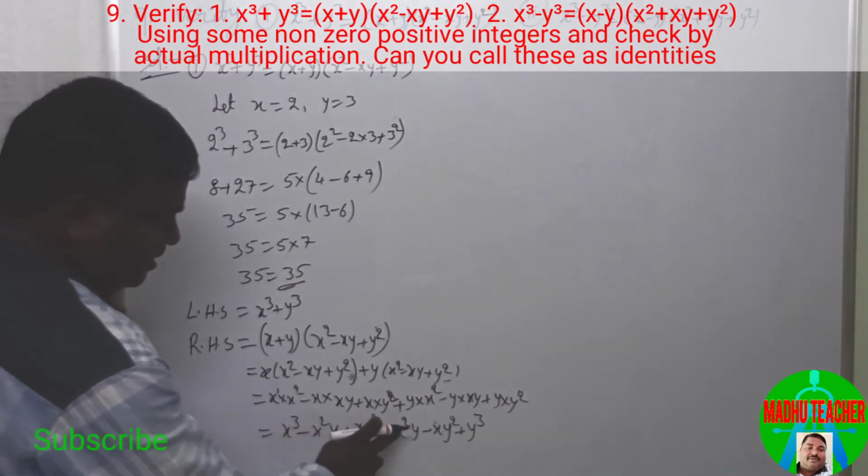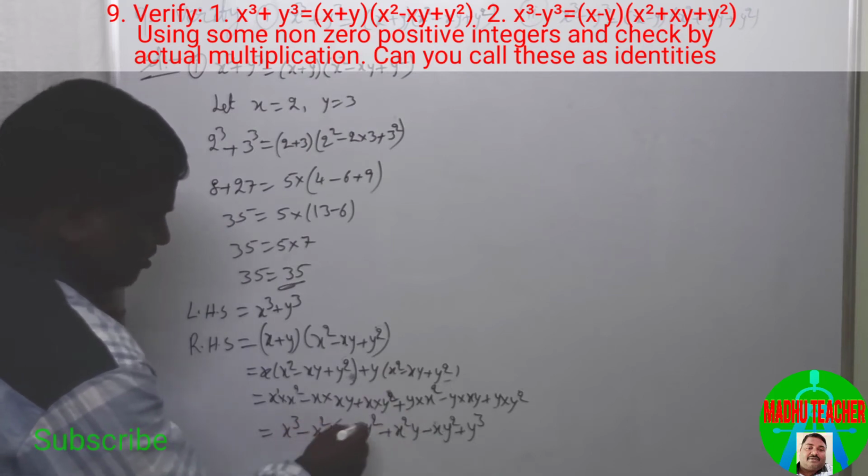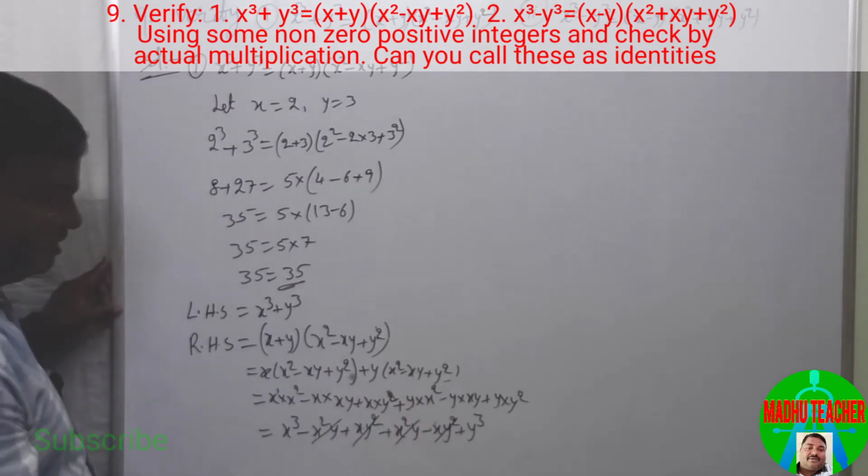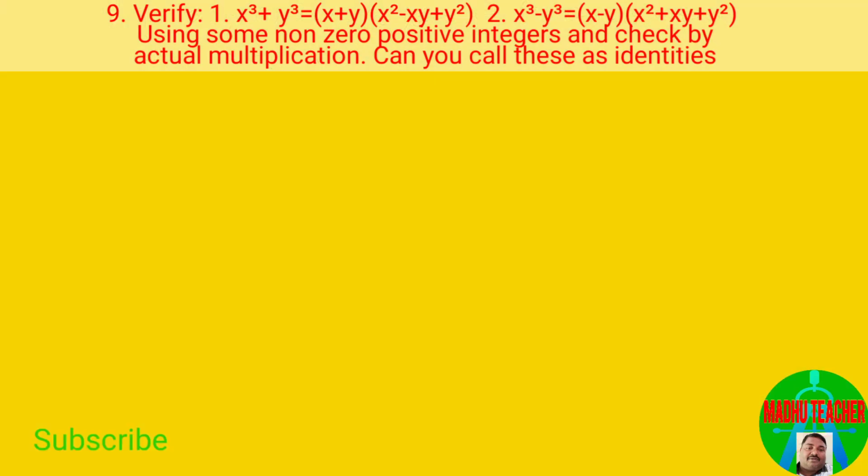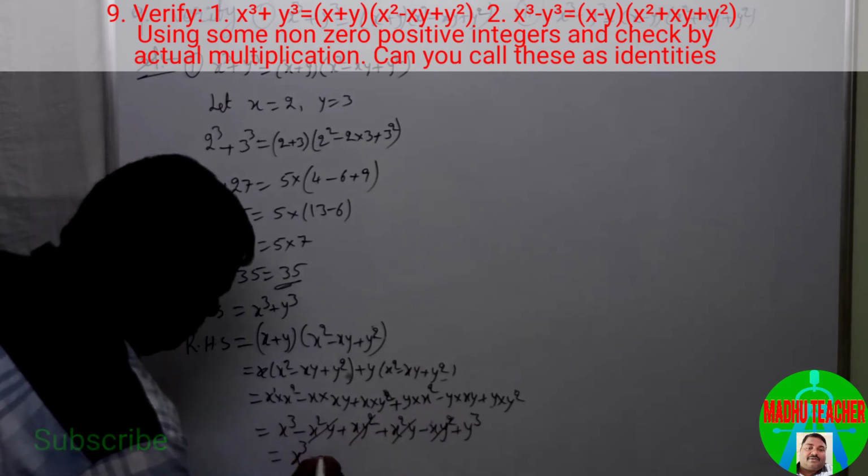This is x square y, this is also x square y. Minus x square y plus x square y get cancelled, plus xy square minus xy square get cancelled. That equals x cube plus y cube we got.